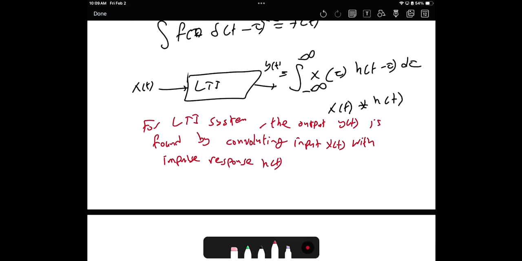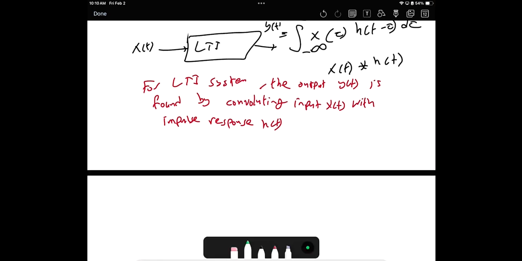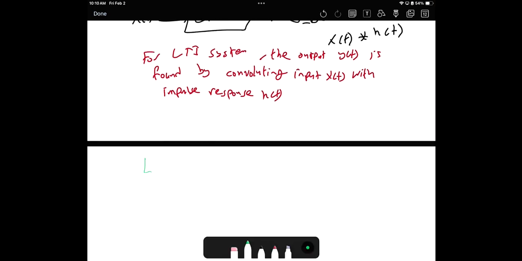Okay? In other words, we will say that an LTI system is uniquely determined by its impulse response.